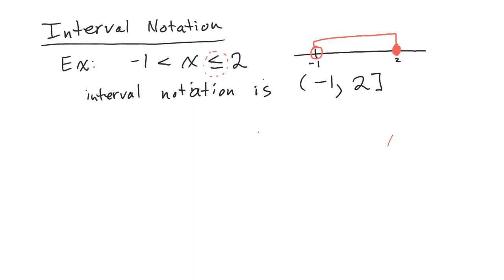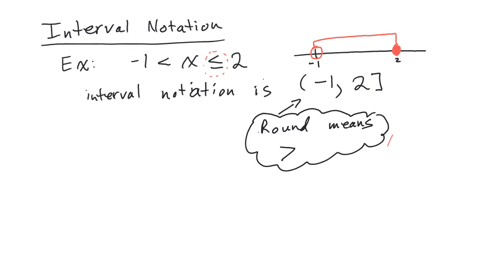Now, what that means is the round sign means that we have something that is greater than. If I had a left sign, it would mean less than.